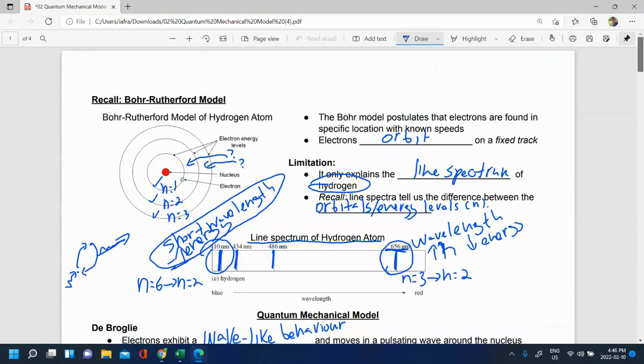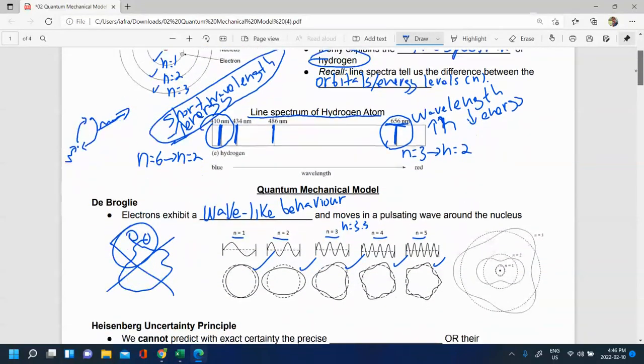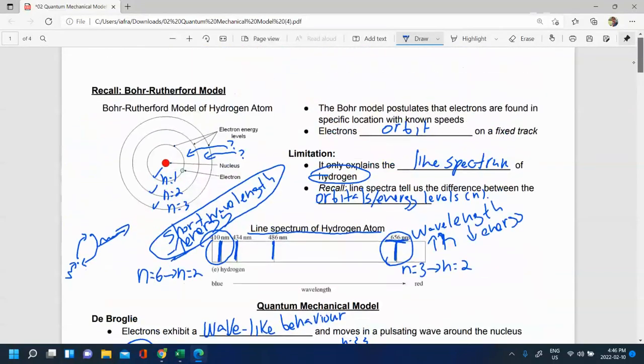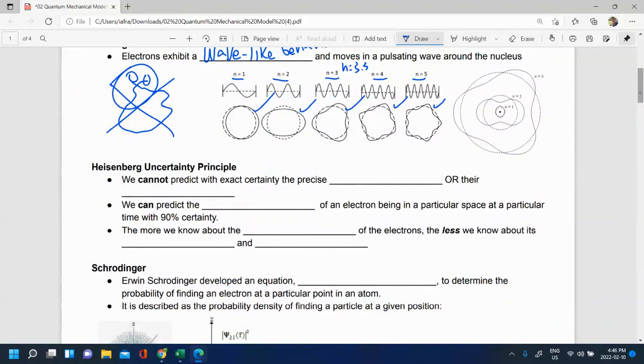The other problem with Bohr's model is that it kind of lied or broke a rule. Bohr's model sort of implied that you knew exactly where the electron was, but we can't know that. That's Heisenberg's uncertainty principle. The idea behind that principle is you cannot predict with exact certainty the precise location or path.